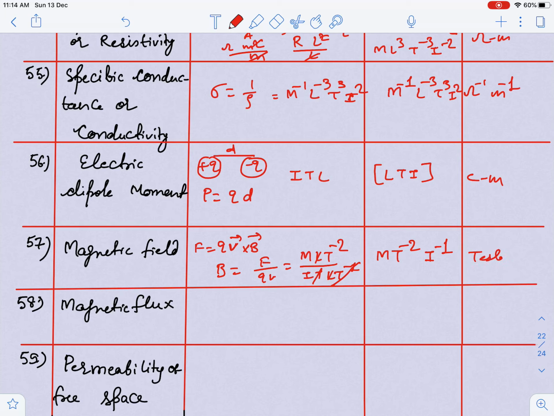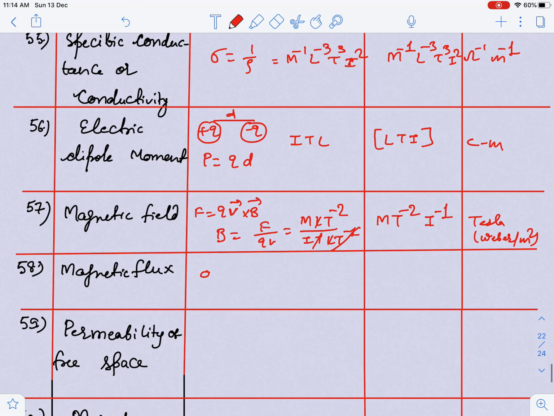Unit is Tesla. Tesla is also abbreviated as Weber per meter square. Magnetic flux is denoted by phi. It is basically a count of the number of field lines. This is the dot product of two vector quantities, so it is a scalar quantity. Magnetic flux is nothing but, guys, if you want to write the dimension, you know the dimension of magnetic field is M T^-2 I^-1, and area is L^2.